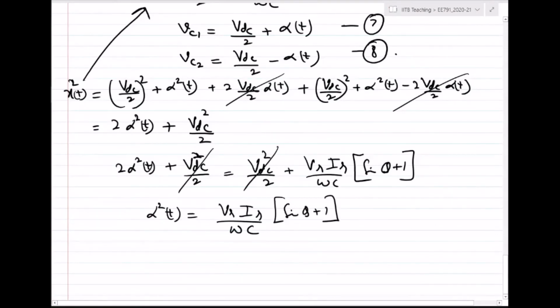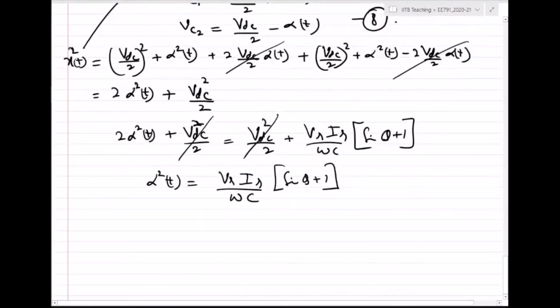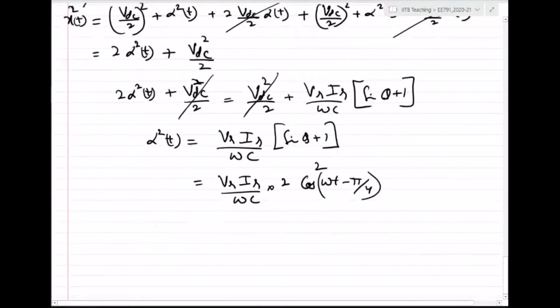Now you can simplify it, and I can write the right hand side expression as VR IR upon omega c into 2 cos of omega t minus pi by 4 square. Now if I take the root, I can say alpha of t is equal to root of 2 times VR IR upon omega c.